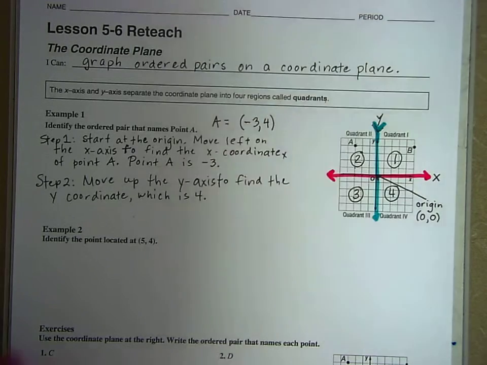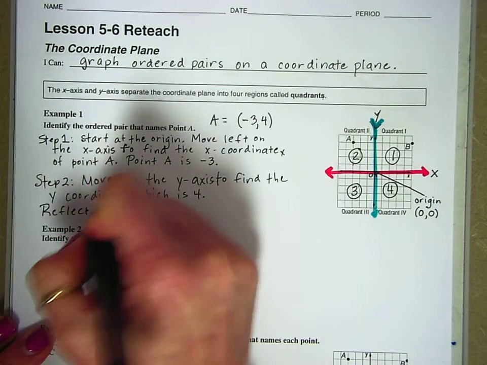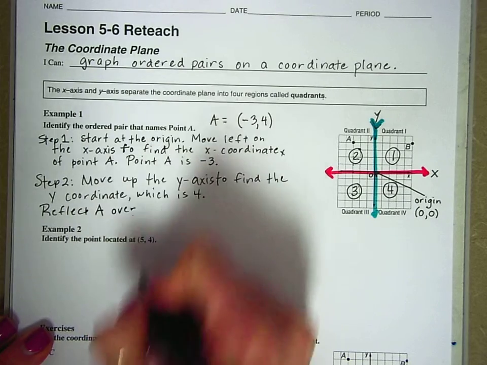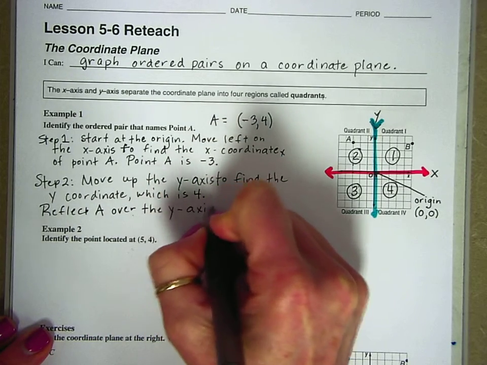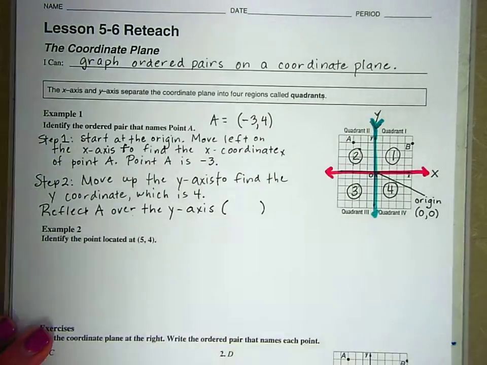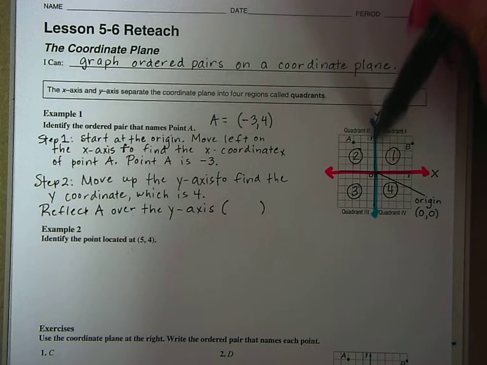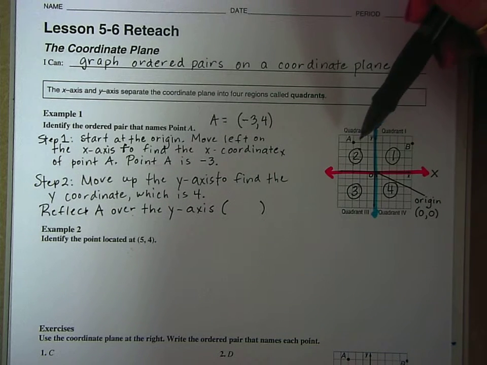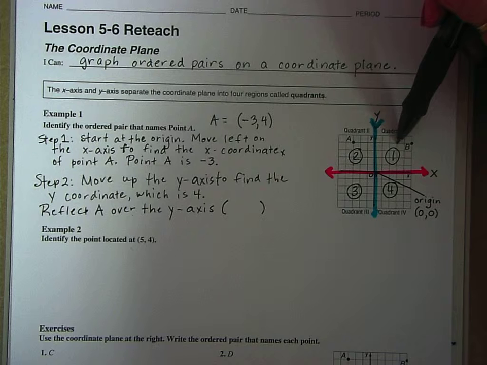Okay, if I asked you to reflect A over the y-axis, and then we're going to write the ordered pair for that. Here's the y-axis right here. So if I were to reflect this directly over the y-axis, it would land right here.